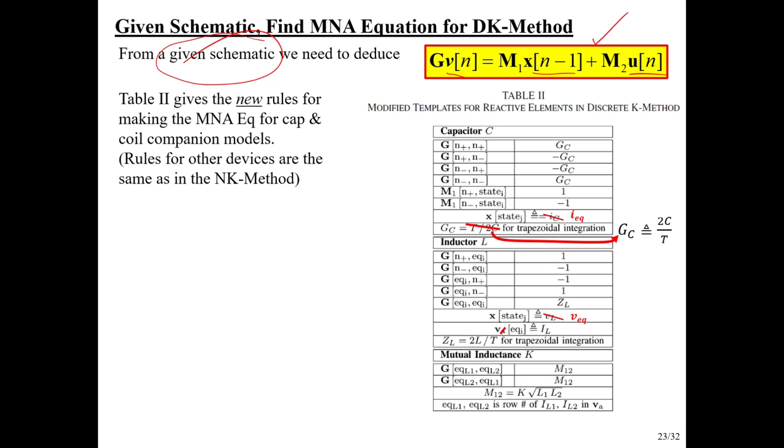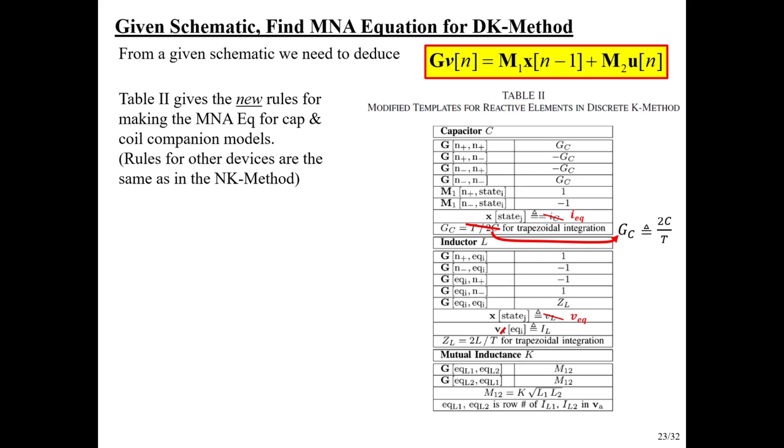So we need a new table, or at least a part of a table. This is only the new things for the capacitor, the inductor, and if you have a transformer, labeled here as a mutual inductance. I'm not going to talk about any circuits with that, but once you know how to do the inductors, you can probably figure out how to do that.